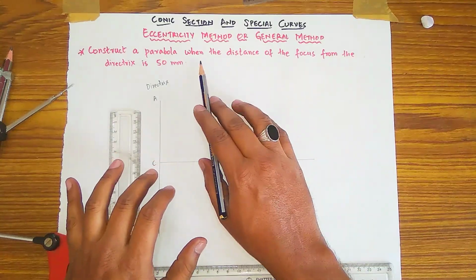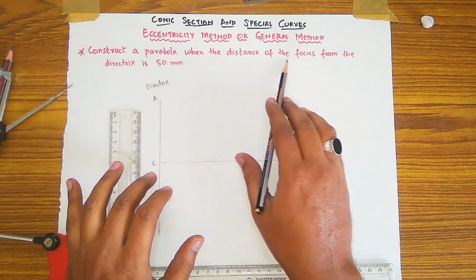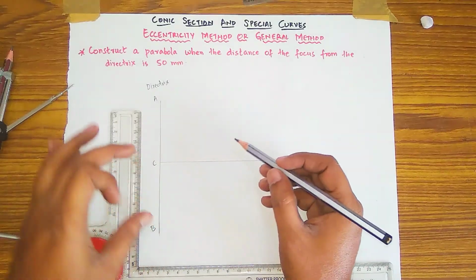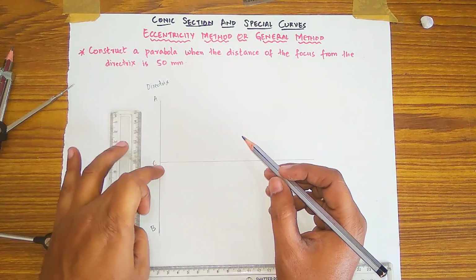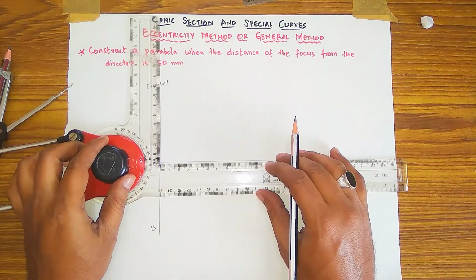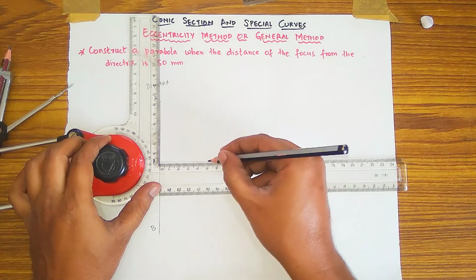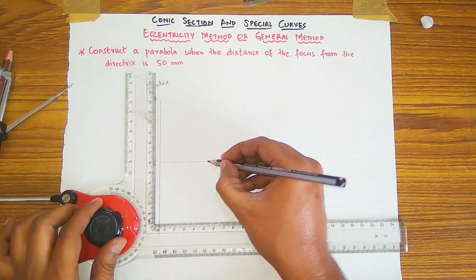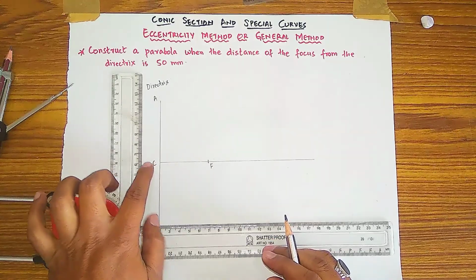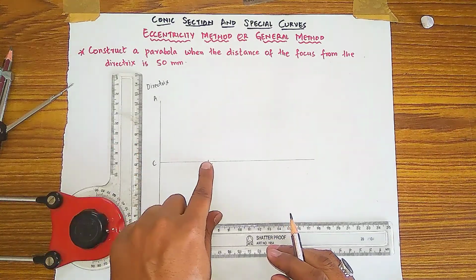In the question, he said the distance of the focus from the directrix is 50 mm, so from the directrix you have to take 50 mm according to the question. This point is the focus.